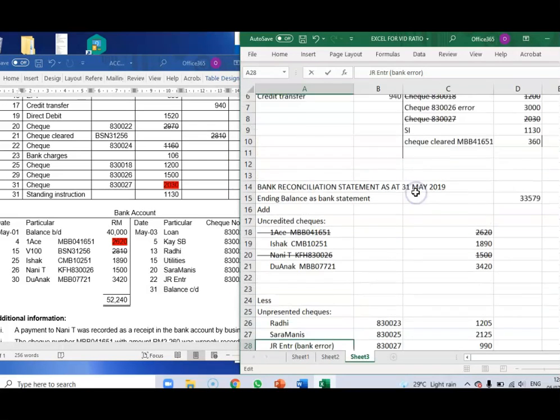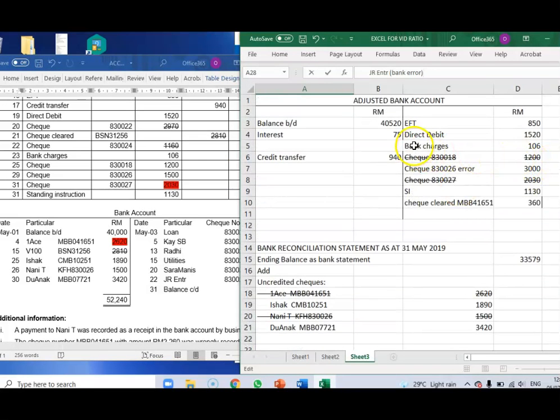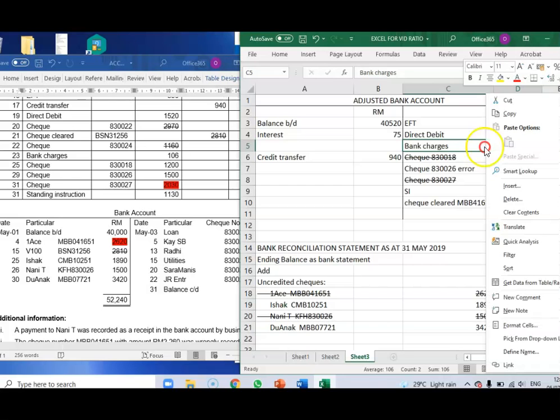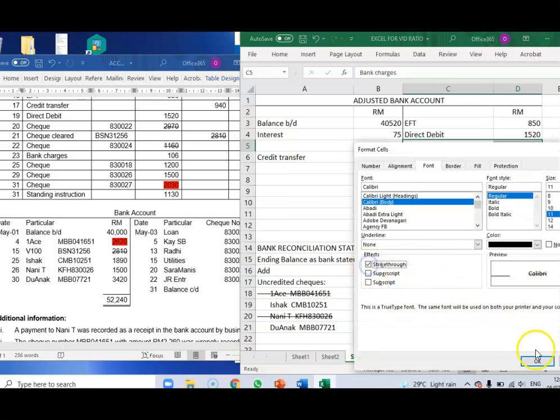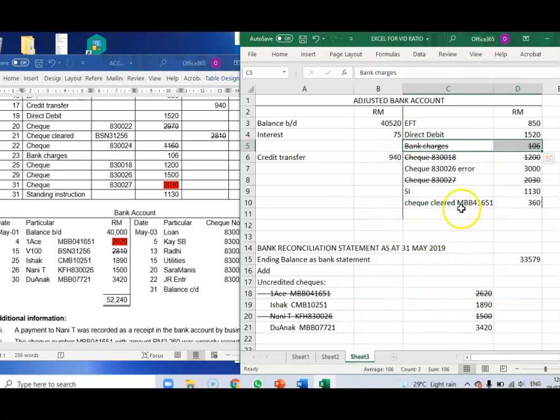So in our bank account, the bank charges here is not a mistake by our staff. So you need to take them out, because it's not our error. So take them out. You can delete it. It's up to you. Okay.